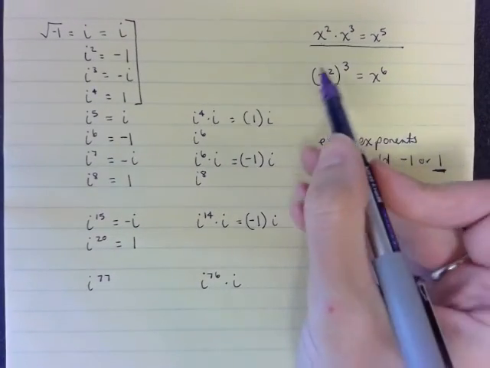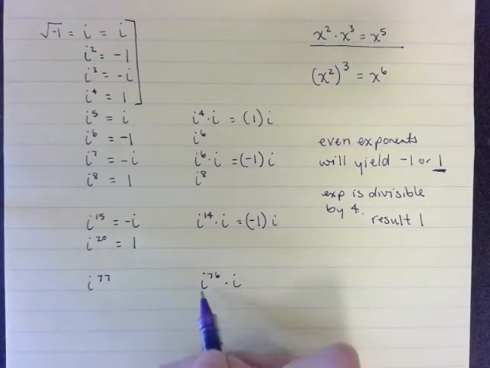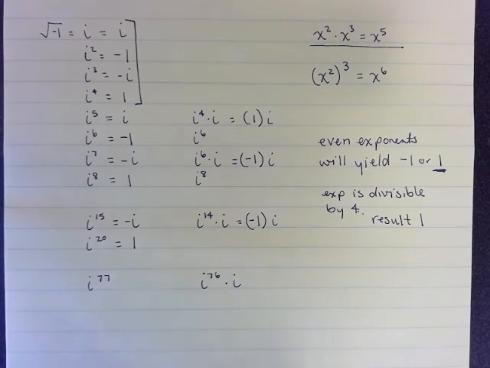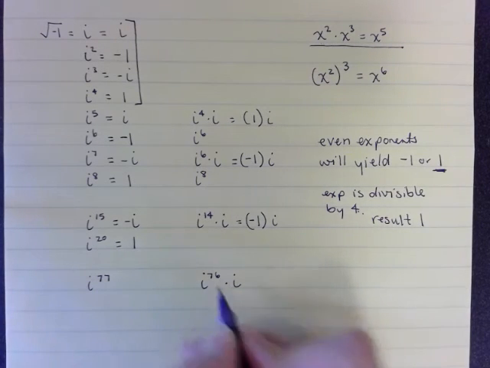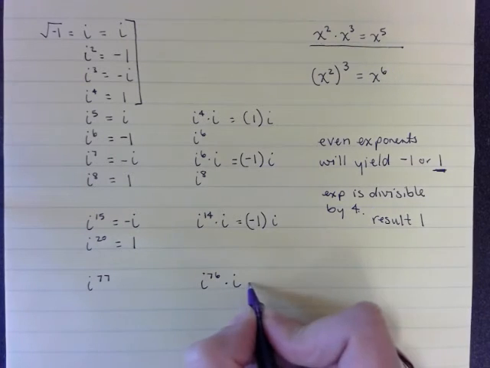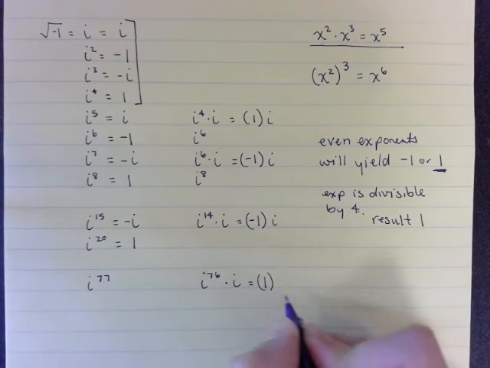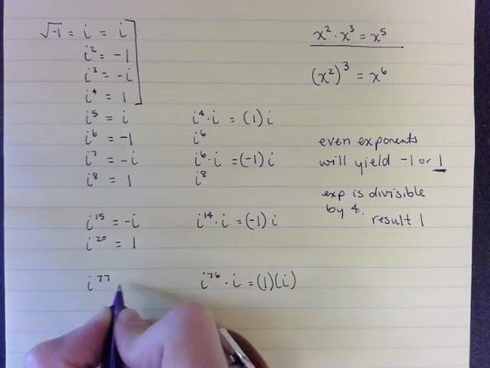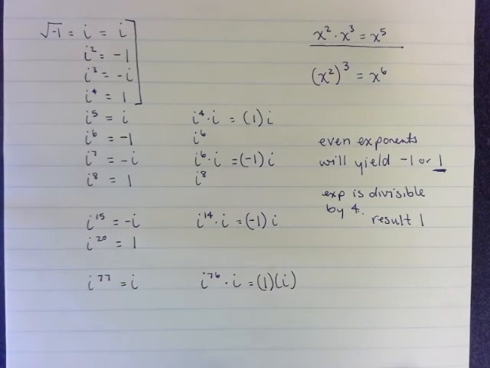Because of this rule up here, i to the 76th times i is i to the 77th. Well, what is i to the 76th? Is 76 divisible by 4? Do it in your calculator. Yes, it is divisible by 4. Okay, so i to the 76th is going to equal 1, and 1 times i equals i.